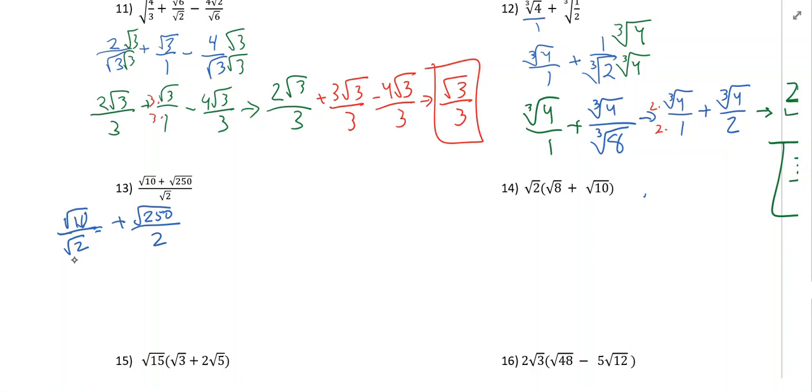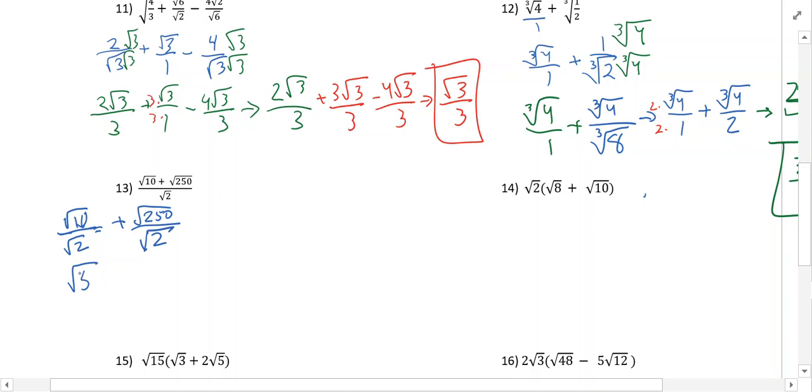So I split it up into rad 10 over rad 2 plus rad 250 over rad 2. So then, right now, I can reduce them. So rad 10 over rad 2 would simplify to radical 5. Here, I bring down the plus sign, and rad 250 divided by rad 2 would leave me with the square root of 125.